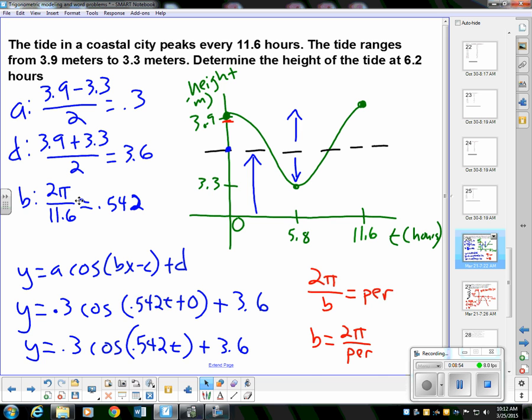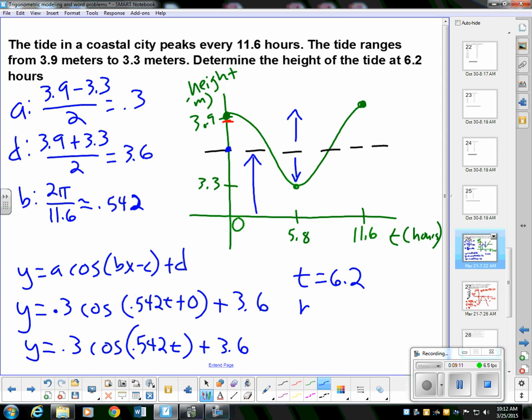Now the question is, have we then answered the problem? The problem says to find the height when the tide is 6.2. So we want to know when t is 6.2, then the height is what? That looks like a 2, but it's meant to be a question mark. All right, so I'm going to put this in the calculator.